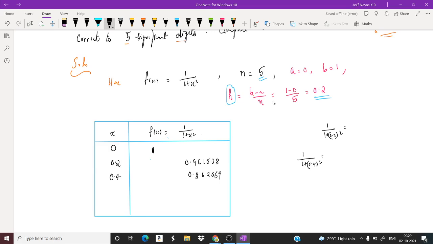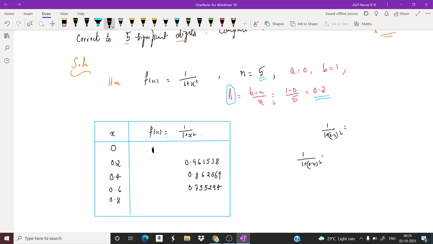And next value is 0.6. Again, 1 by 1 plus 0.6 all square is 0.735294. And next value is 0.8.